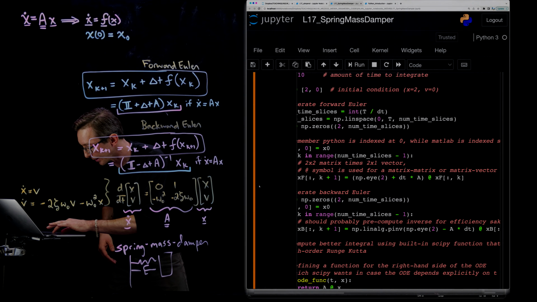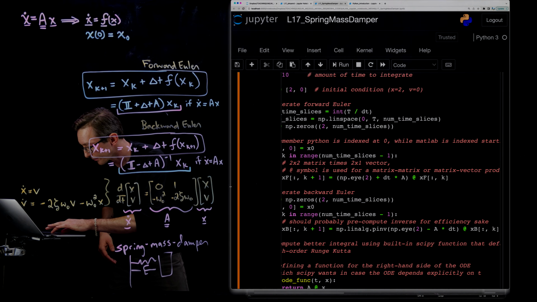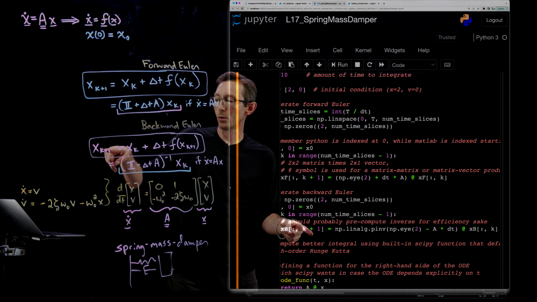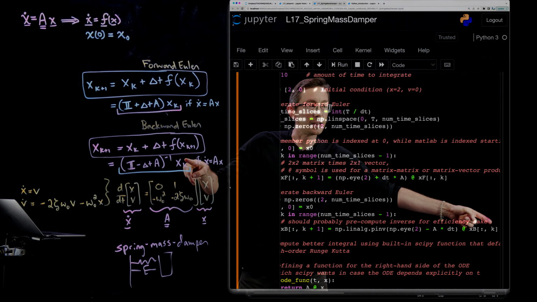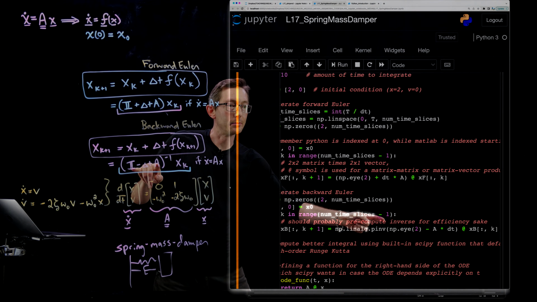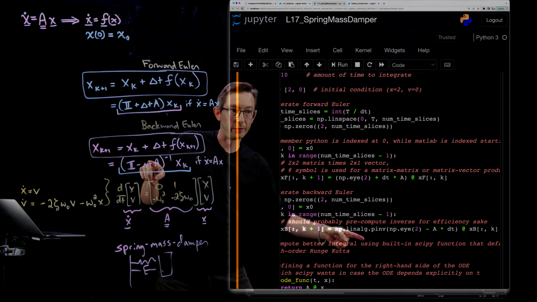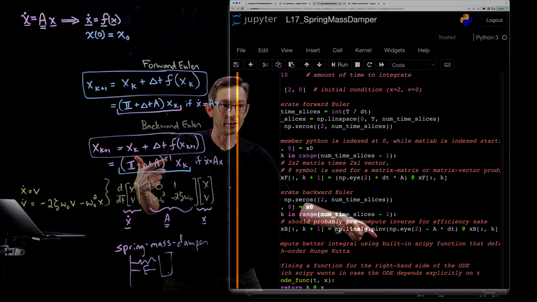This is unfortunate. Let me make this a teeny bit bigger. The update, the k+1th entry of this backward Euler scheme, is the kth state xk times I minus A delta t inverse. This is np.linalg.pinv.